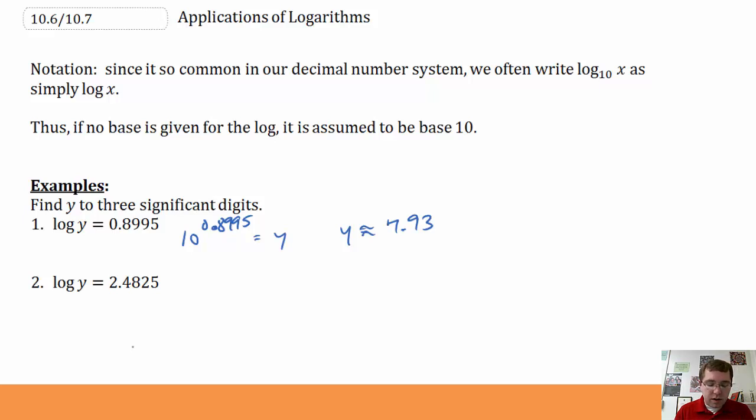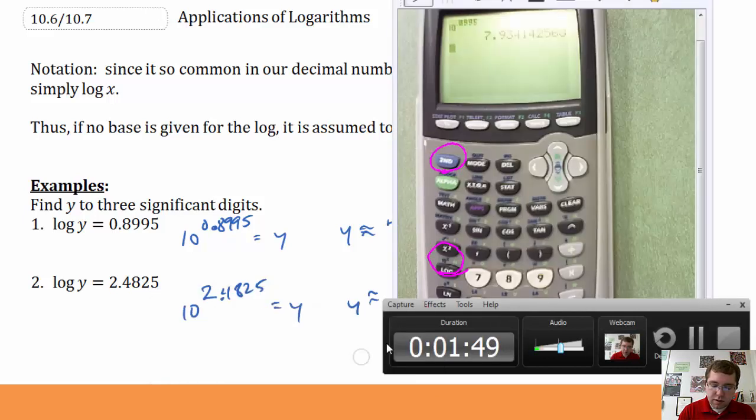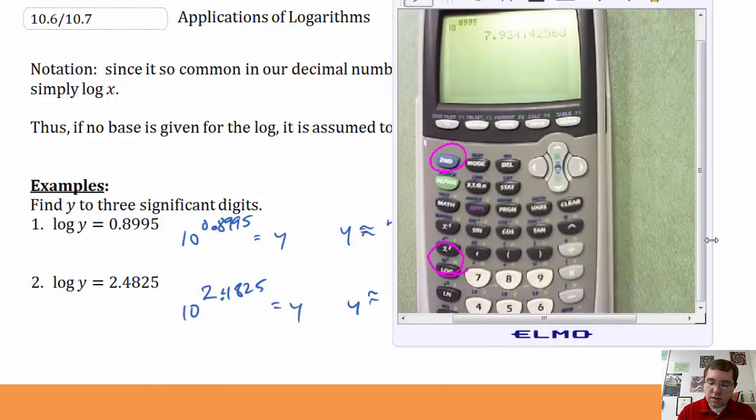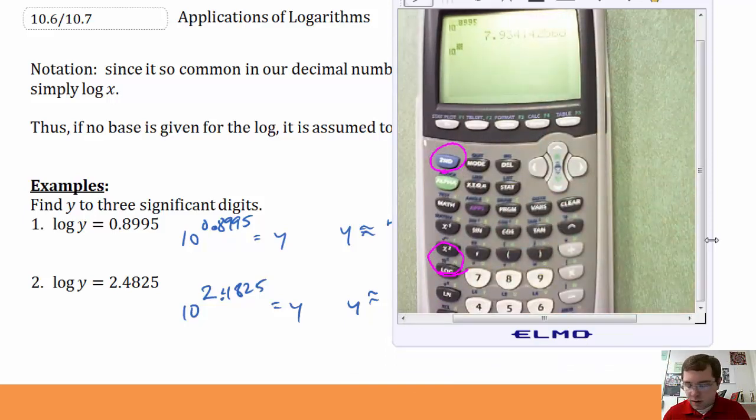Number 2, the log of y equals 2.4825. So again, 10 to the 2.4825 power is going to equal y. So y will be approximately 10 to the 2.4825 power.